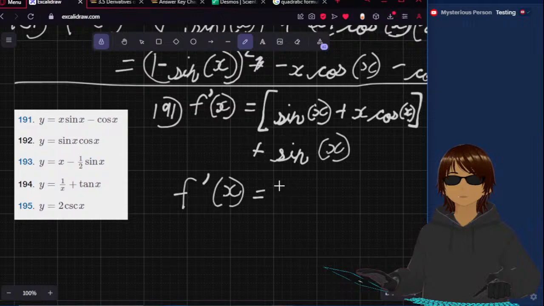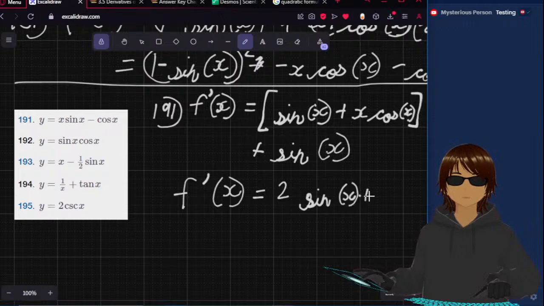So the first derivative is 2 sine x, if I'm right.